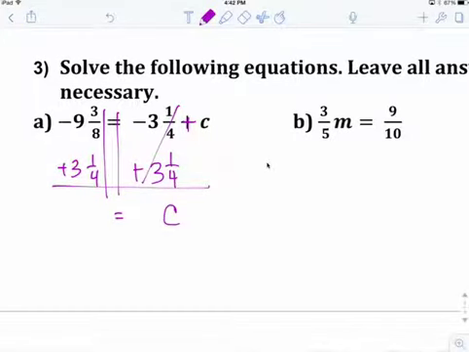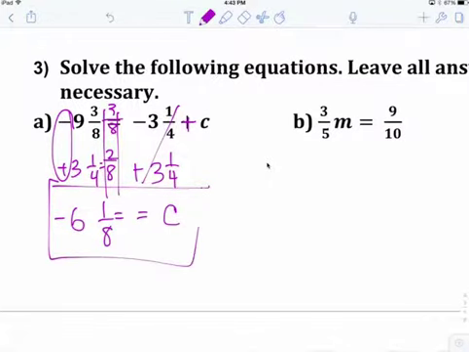C equals, common denominator 8, that's 2 times 2. So 3 over 8 minus, you subtract because these are different. That's 1 over 8 and subtract that, you get negative 6, because the bigger number is negative. That's how you do that one.